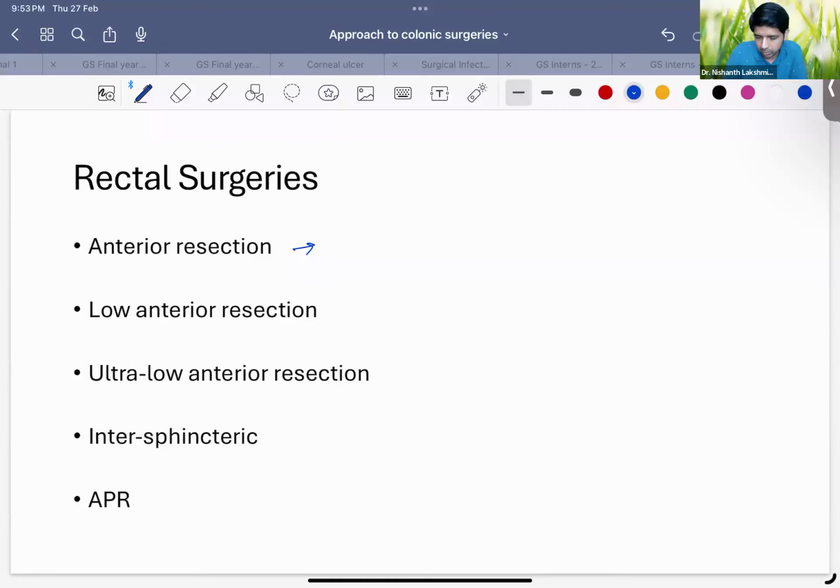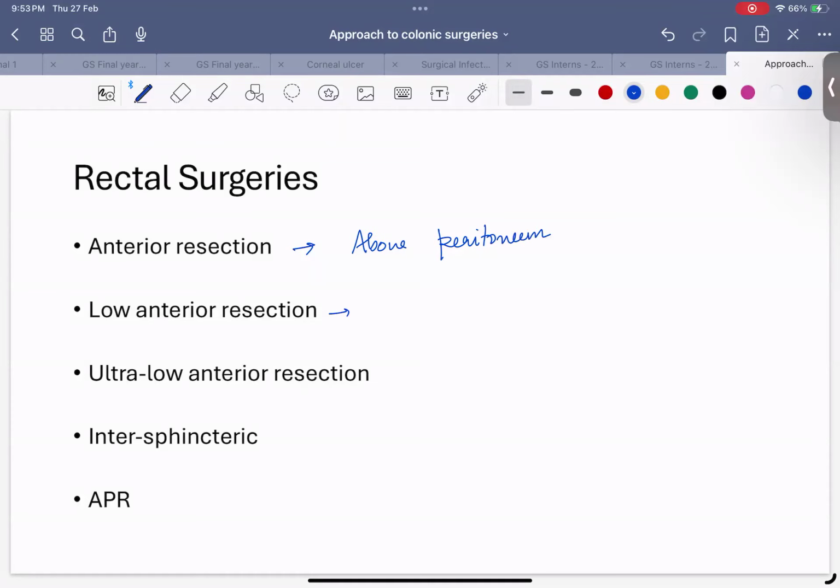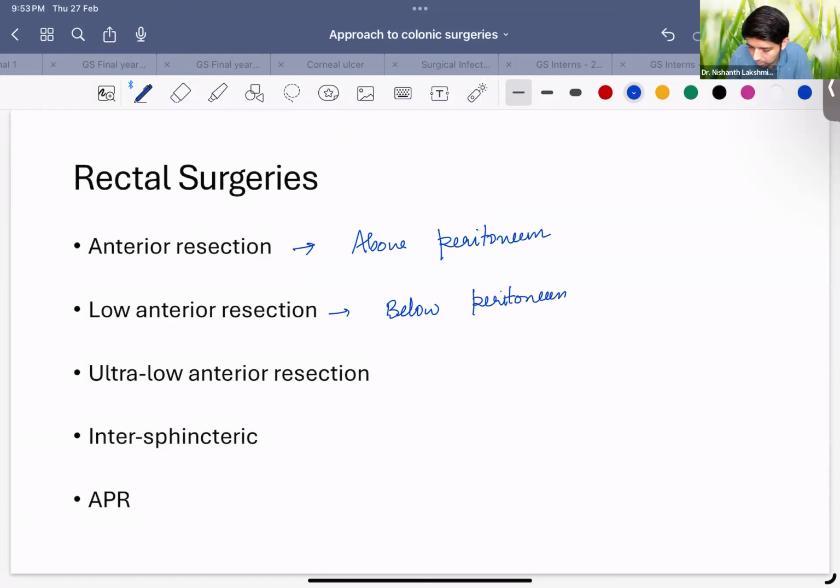Where should the anastomosis be? Intraperitoneal, sir. Above the peritoneum. Yeah, above peritoneal. Low anterior? Below the peritoneal level. Ultra low? Less than 2 centimeters. Of what? From the anorectal junction. Correct. If it is within 2 centimeters of the anorectal ring or the anorectal junction.